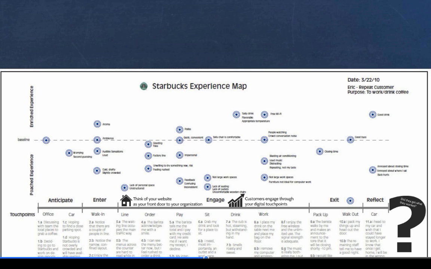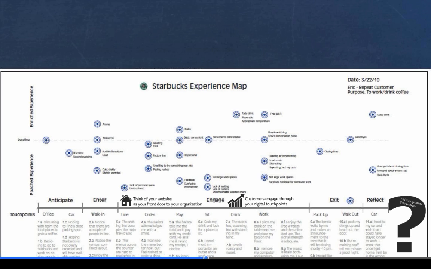But within any customer experience, you have a chance to have either what we call an enriched experience, so places where they've really elevated the customer experience and made it better, and those are the points that you see above that dashed line. Or we have the potential to have a poached experience, so things that are not so great. Maybe you walk in and the music is too loud, or it's too cold, or the floor is sticky.